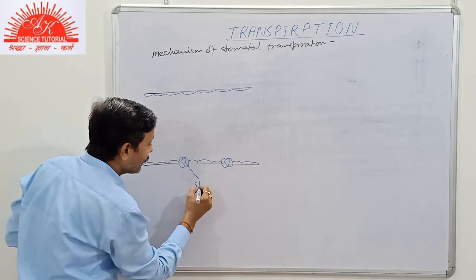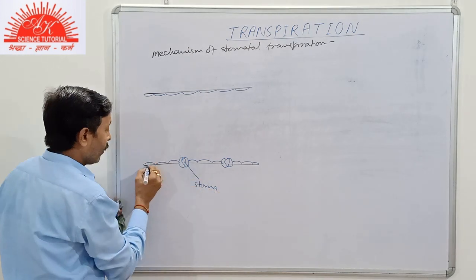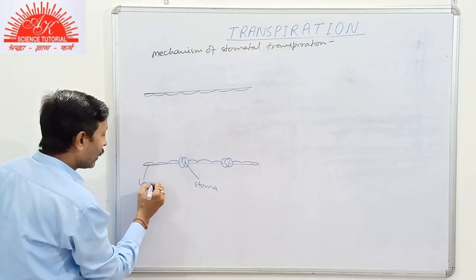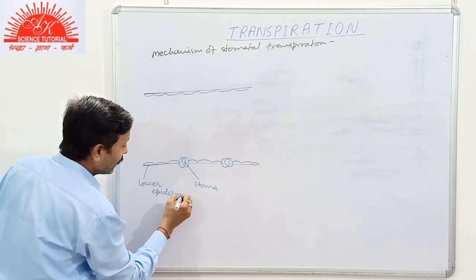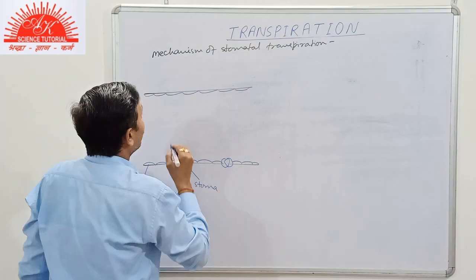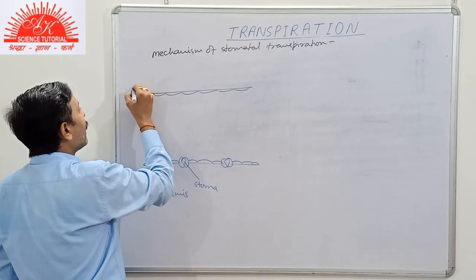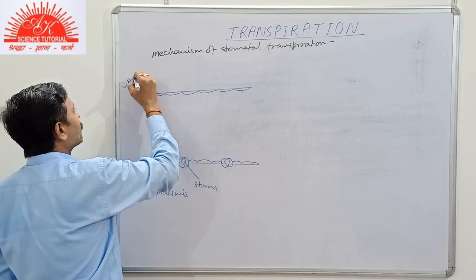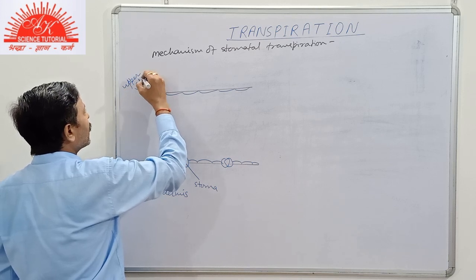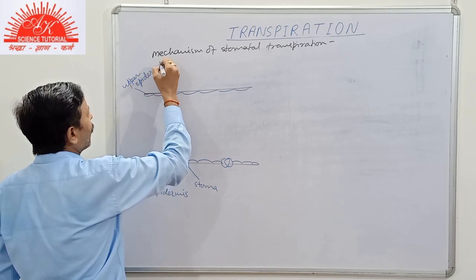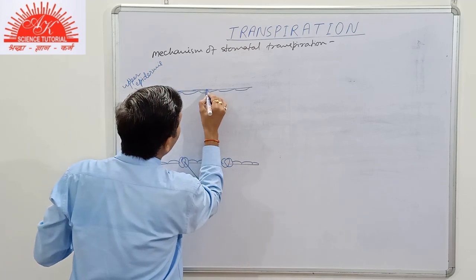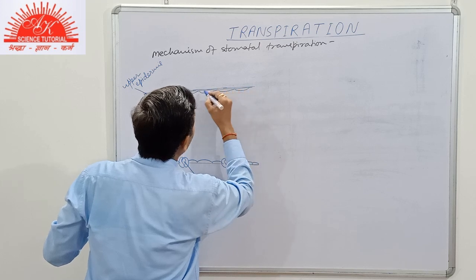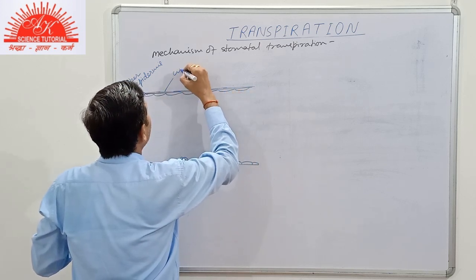So here it is stoma. This is lower epidermis. Now this is upper epidermis. Diagram based questions are also asked. On the surface of the upper epidermis layer there is the cuticle layer.